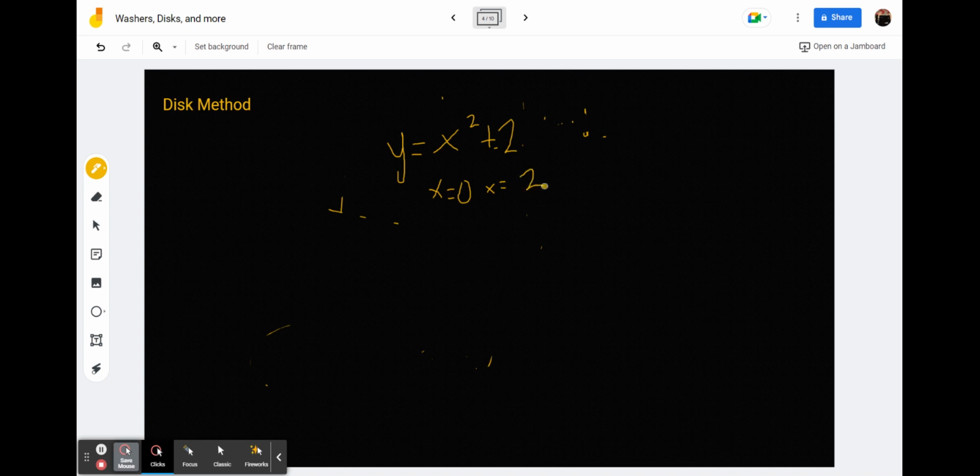And we want to find the volume of this rotated around the x-axis.